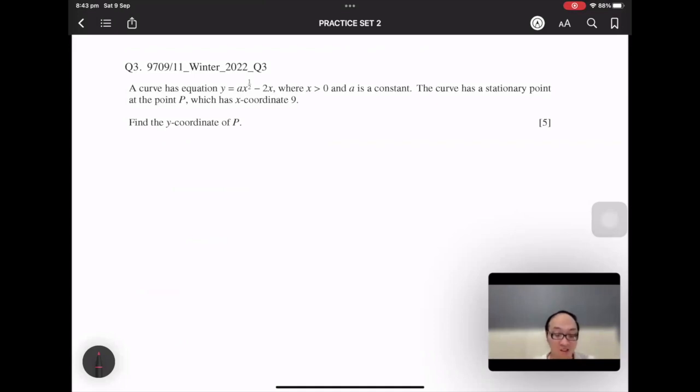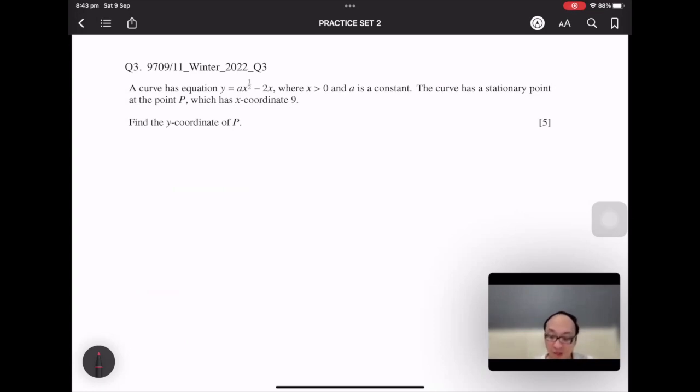A curve has equation y equals to a x to the half minus 2x, where x is greater than 0 and a is a constant. The curve has a stationary point at point P, which has x coordinate 9. Find the y coordinate of P. So we have to find the a.